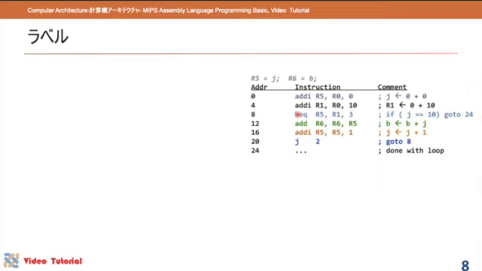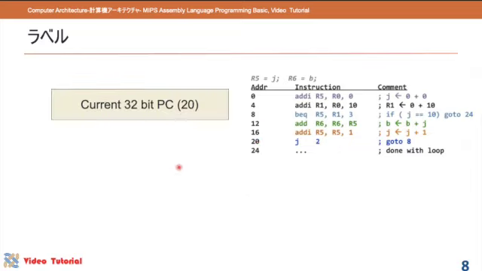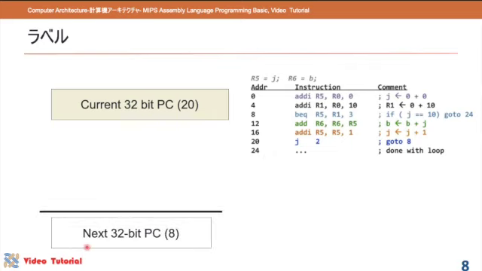Same as branch equal or branch if not equal, now we calculate how we can find from 20 to 8 with the value of 2. The current program counter is 20 right now. So we have to calculate the next program counter that is supposed to be 8 after executing this instruction J 2.